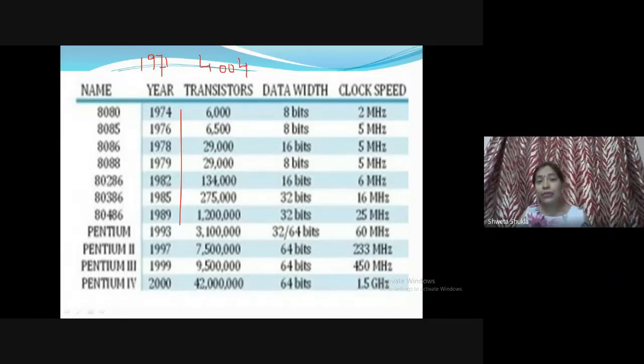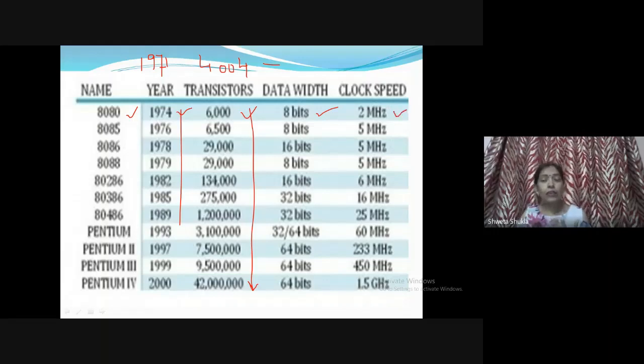But as I told you, in the second generation they started using a larger number of transistors. That's why 1971 is not included here. Starting in 1974, the 8080 was the first 8-bit microprocessor; its data width is 8 bits. It used 6000 transistors and its clock frequency is 2 megahertz.